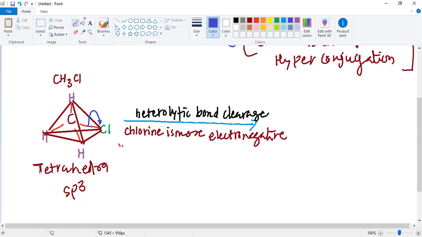Finally what we get is CH3 plus, with a positive charge on carbon, plus Cl minus. Both the electrons go to Cl minus.